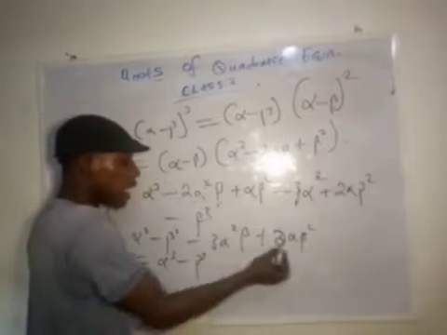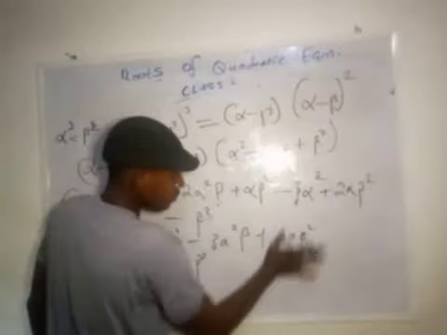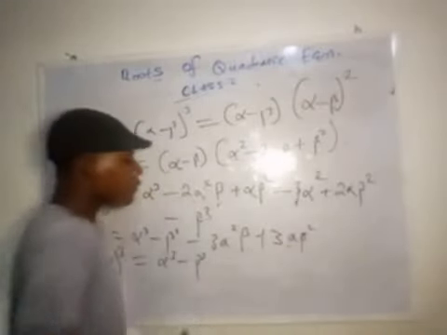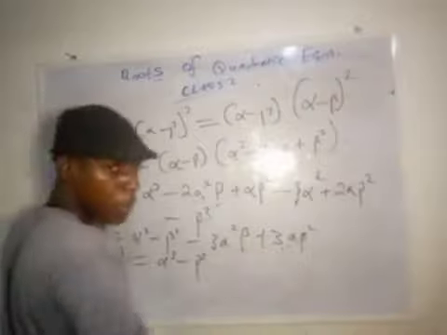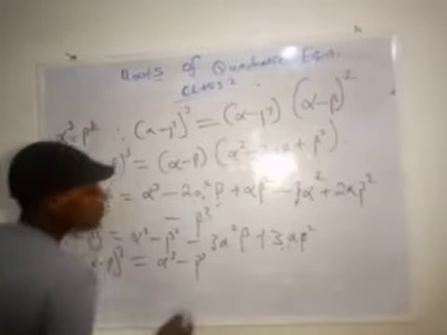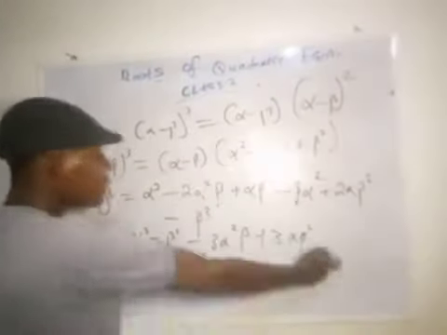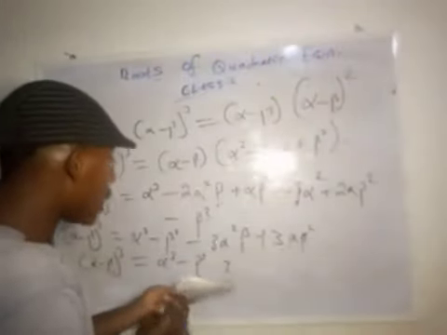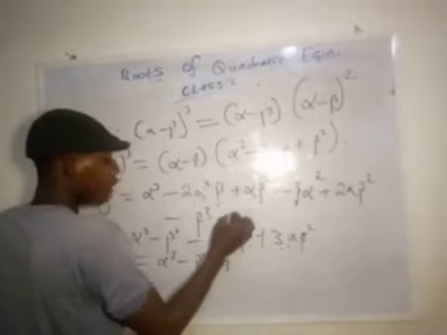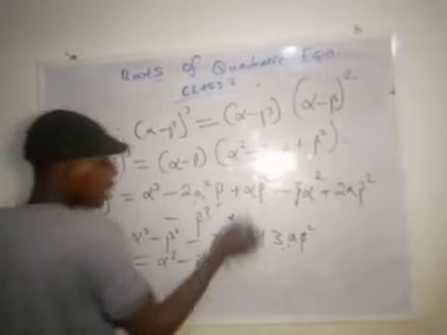Now look at something. If this 3 and 3, I will factorize. This 3 and 3 is a common factor, right? So I'll take out 3 here. Now alpha and beta, let me take alpha and beta from this. If I remove alpha here, I'm going to be getting alpha here, right? And here we're going to be what?